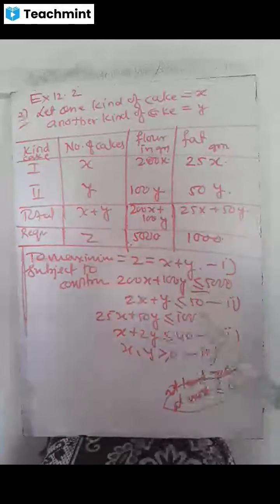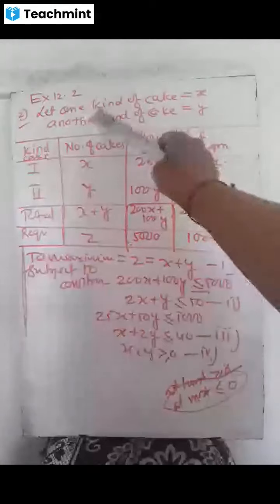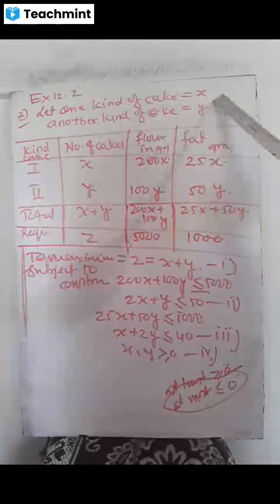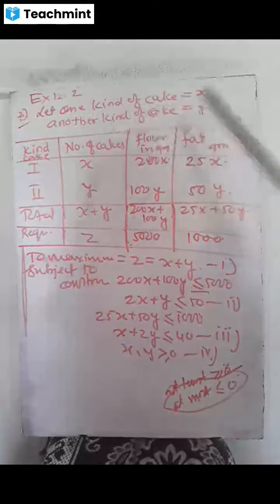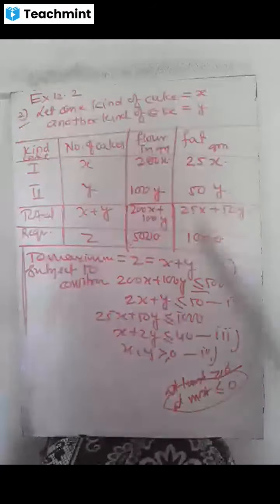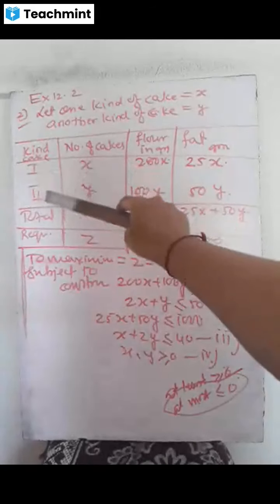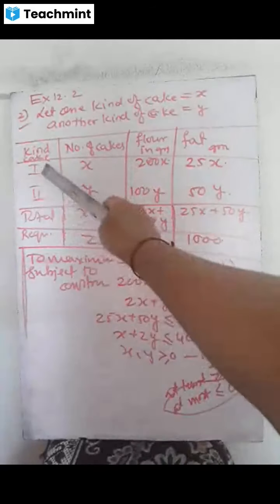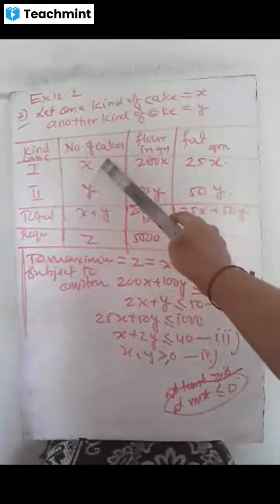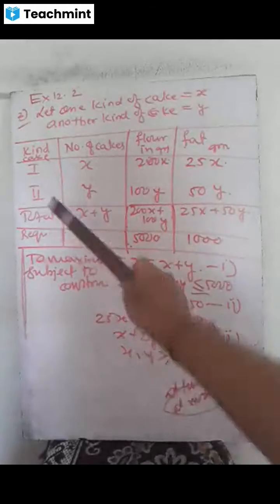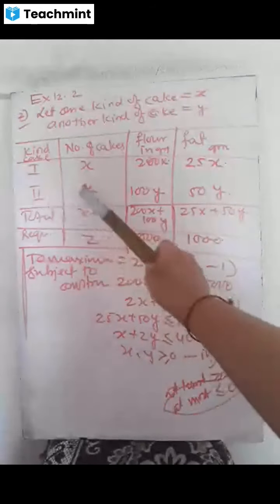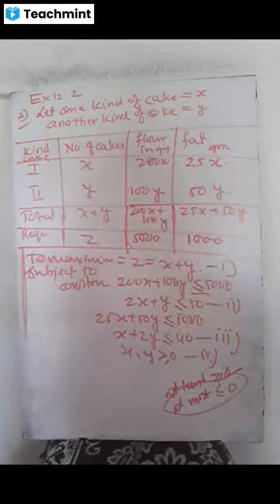So as per the problem's requirement, one kind of cake we denote by x and another kind we denote by y. For that I have formulated a table. There are two kinds of cake, kind 1 and kind 2. For one kind, the number of cakes we denote by x, and for another kind, y.